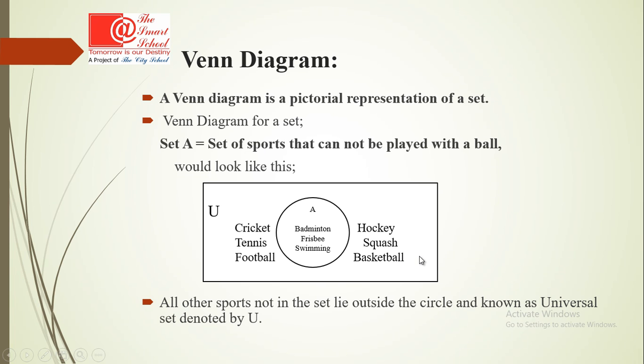Who likes to play these sports? Oh, everyone. All other sports not in the set lie outside the circle and are known as universal set and denoted by U. So all these sports are part of the universal set. And we just showed this set, set A, inside the circle.